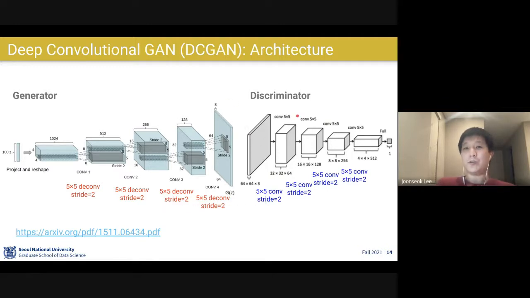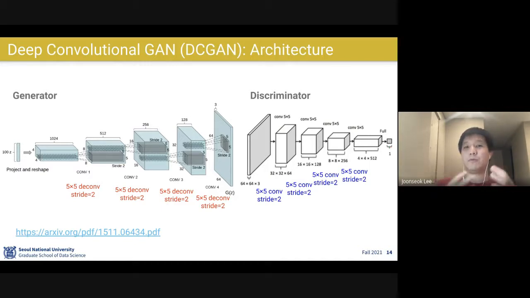And then the discriminator needs to classify if this is real or fake. So it applies 5 by 5 convolution layers with stride 2 to reduce the size until these 4 by 4 features. And then it decides if it's real or fake based on those features.